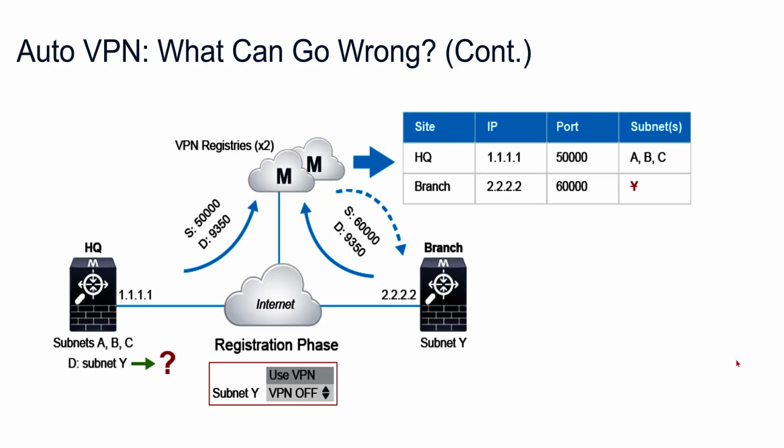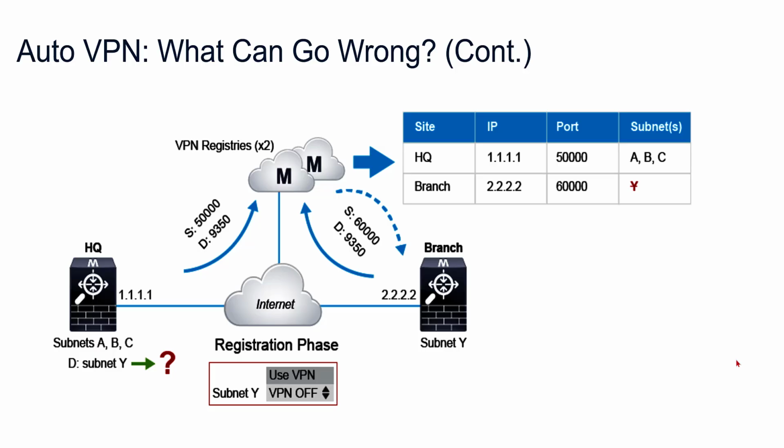The tunnel formation, which is the control and data plane, which we've been talking about, and then the route advertisement, which is what networks are actually shared. So in this case, the tunnel exists, but the route's not being advertised. So the traffic has nowhere to go. From HQ, it tries to reach subnet Y, but subnet Y is not participating in the VPN, which means it's not advertised, it's not going to show up in the VPN routing table, and it's not going to be reachable.